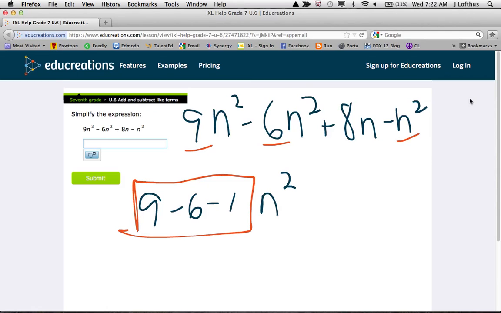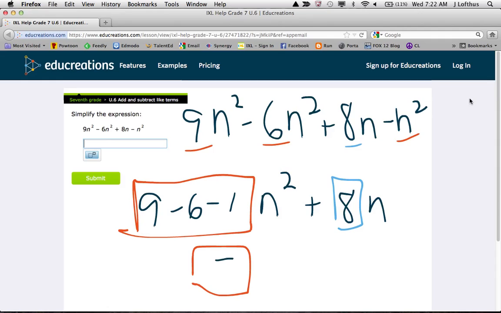Seems like n and n squared would be the same. They're both using the letter n, but when we square it, it becomes a different type of thing that cannot be combined with n, so use a different color. 9 minus 6 is 3, minus 1 is 2, so that's going to be 2n squared plus 8n.